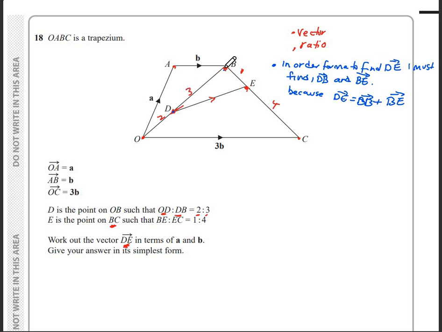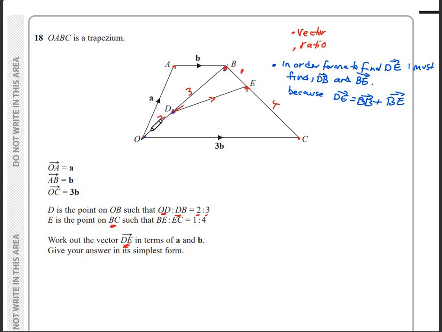So how do I find DB now? Well, I have to realize that DB is actually part of the line OB. In particular, it's actually 3 parts of the line OB, isn't it? The same way OD is 2 parts of the line OB, DB is 3 parts of the line OB. So I need to find OB first of all, and then once I find OB, I can split DB off from the line OB, right?